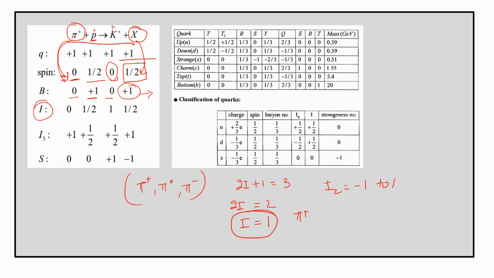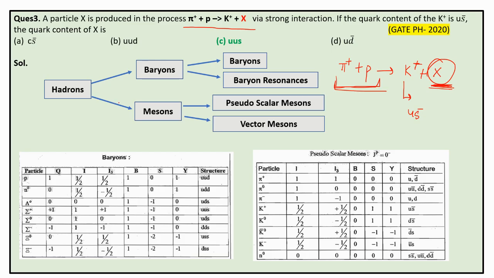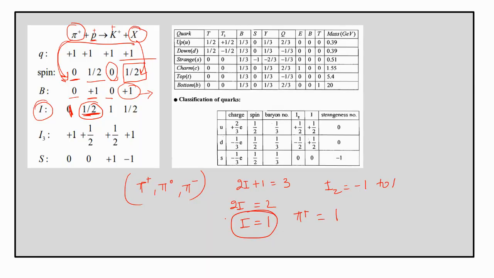So for pi positive, the I value will be 1. Here it is written wrong, it is 1. For proton it is 1 by 2, and for cation it will be 1 by 2, because cation has two particles, K positive and K zero, so they will give I equal to 1 by 2.